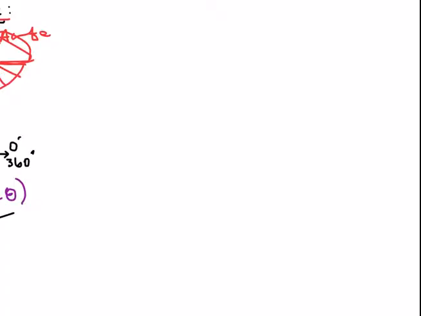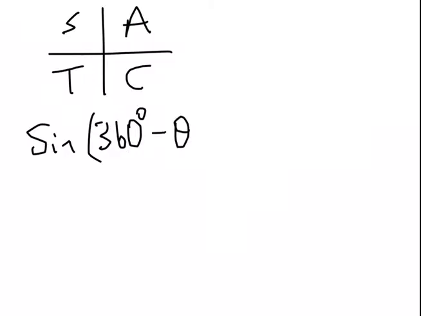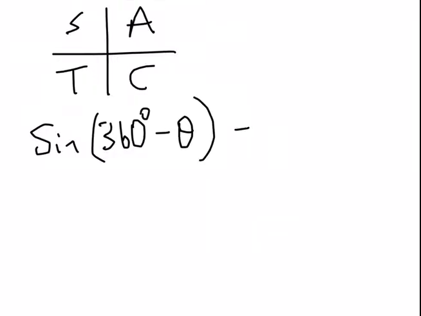Now let's see the one for 360. Remember you will always need this diagram. For me, I always had to draw it with a pencil so that I can visualize what I'm about to do. Let's say you have sine of 360 degrees minus an angle.